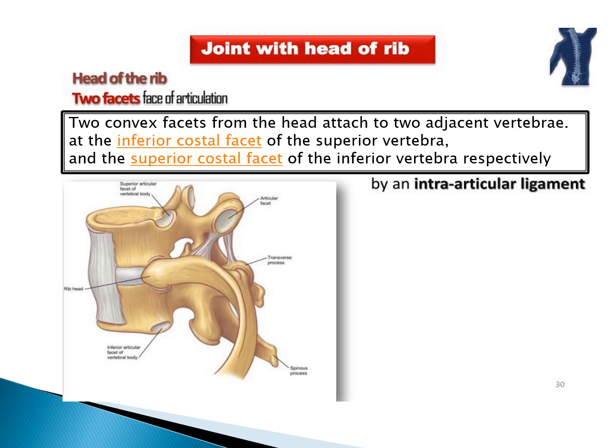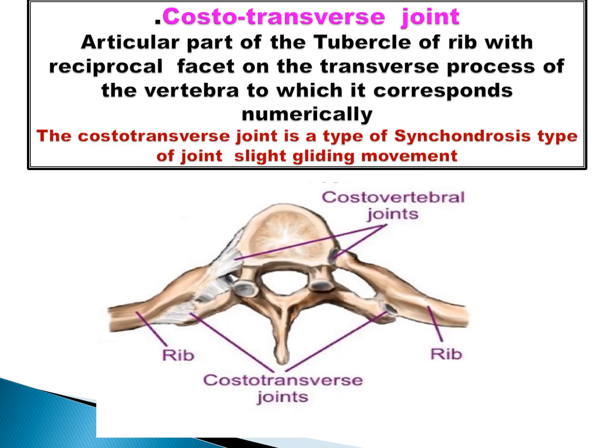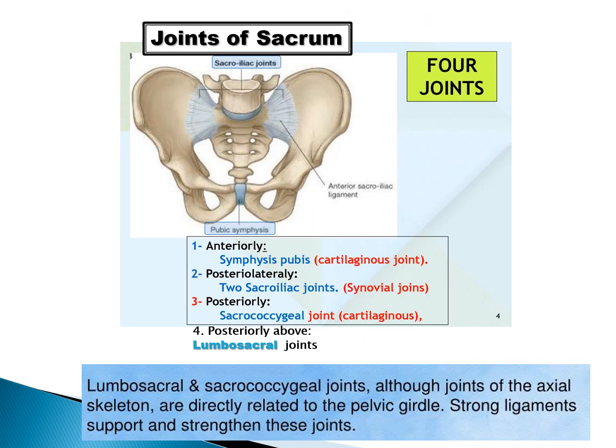The head of the rib articulates with two adjacent vertebrae, the inferior costal facet of the superior vertebra and the superior costal facet of the inferior vertebra respectively. Costotransverse joint articulates the tubercle of the rib with the facet on the transverse process of the corresponding vertebra. Costotransverse joint is a synovial type, with slight gliding movement.